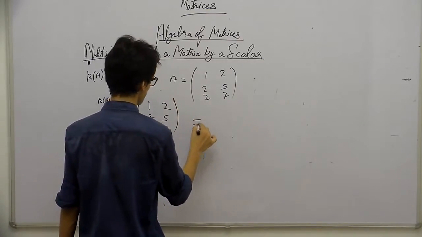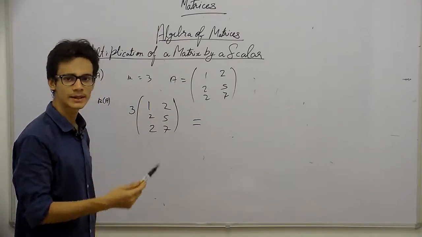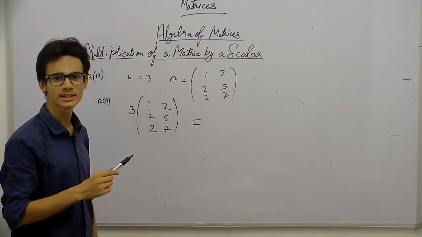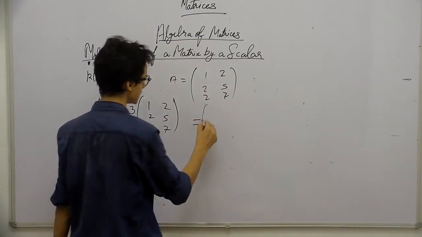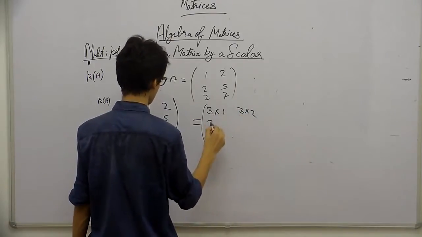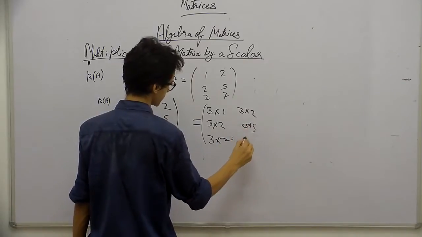So how do we get the product of a scalar and a matrix? We multiply each element by the scalar. So here we get 3 times 1, 3 times 2, 3 times 2, 3 times 2, 3 times 5, 3 times 7.